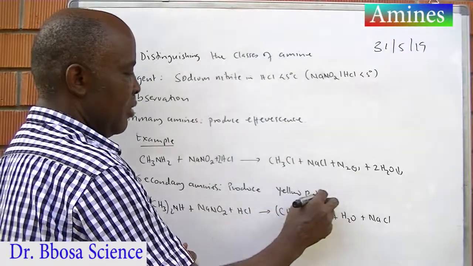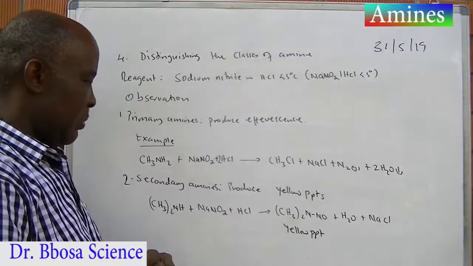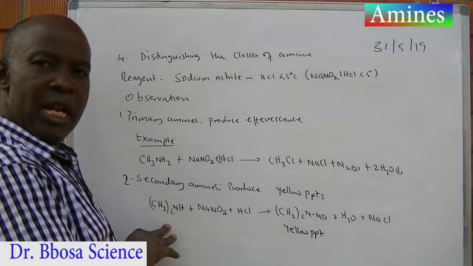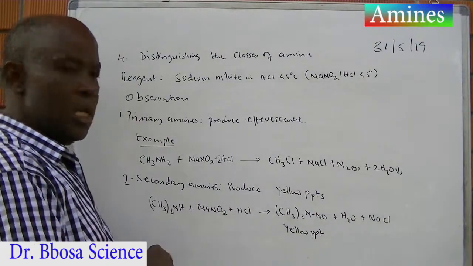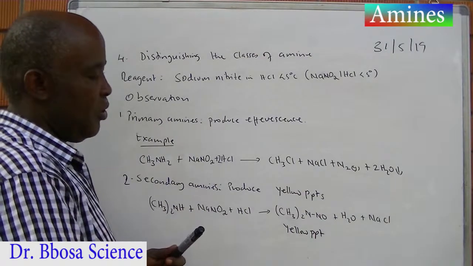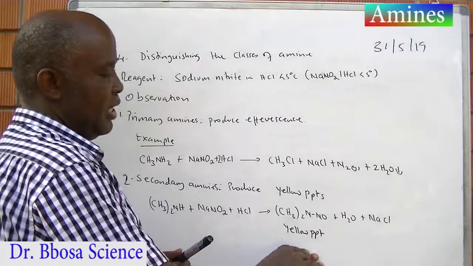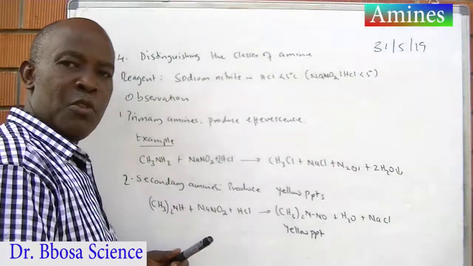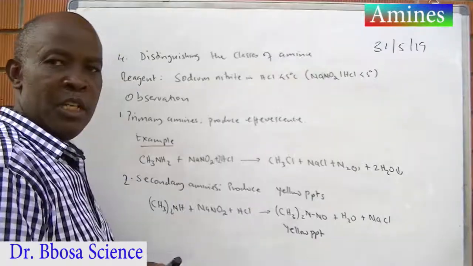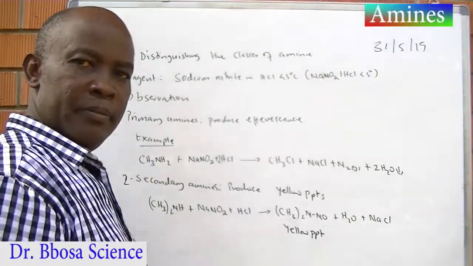Secondary amines produce yellow precipitates. For example, dimethylamine plus sodium nitrite plus HCl, you get a yellow precipitate of a nitroso compound plus water plus sodium chloride.